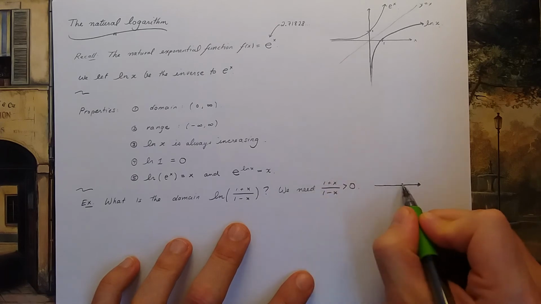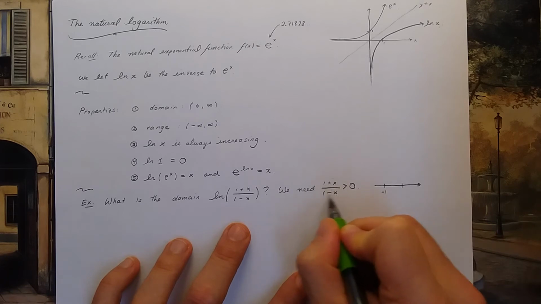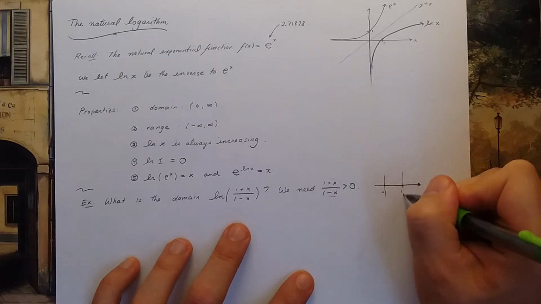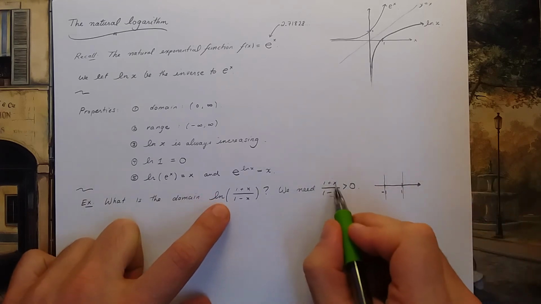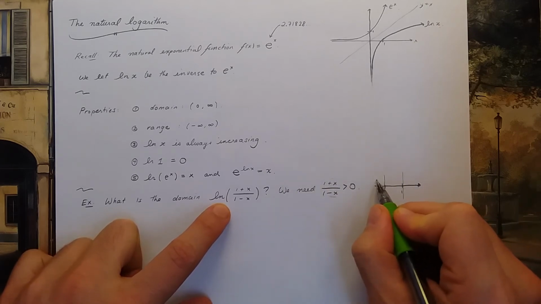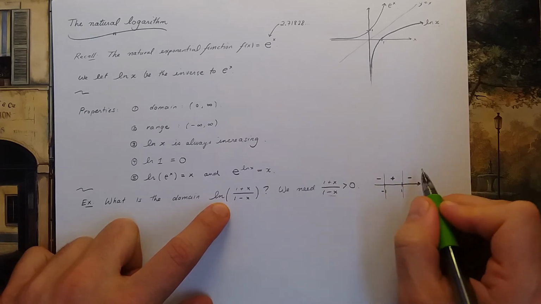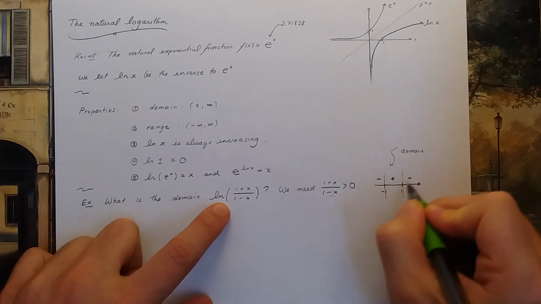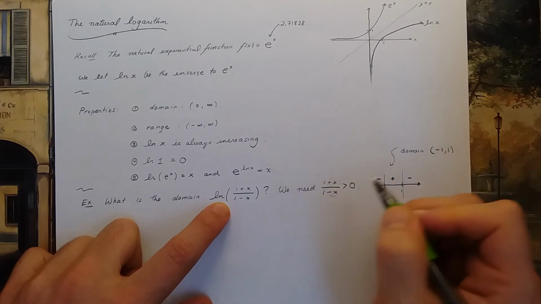So there's a 0 at -1, and there's a vertical asymptote at x equals 1. This divvies the line into regions, and I could test the values of this function on each region. If I plug in a value less than -1, I'll get a negative. On this region, in between -1 and 1, I get a positive, and over here, negative. So the domain is the positive numbers, and those are the values in between -1 and 1.